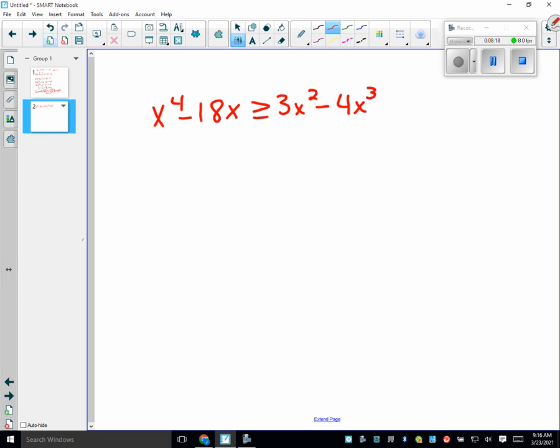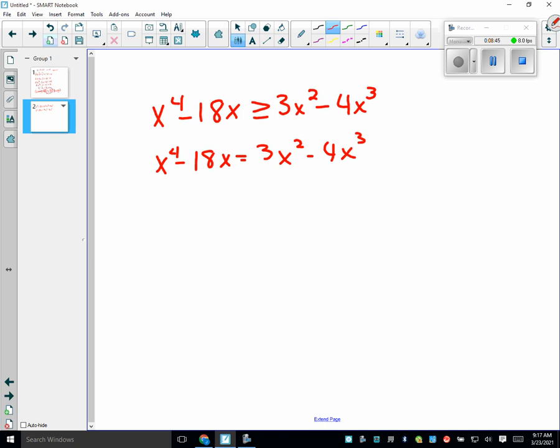Change it to equal. So I have x to the 4th minus 18x equals 3x squared minus 4x cubed. Right? Now what? Switch over and set it equal to 0.